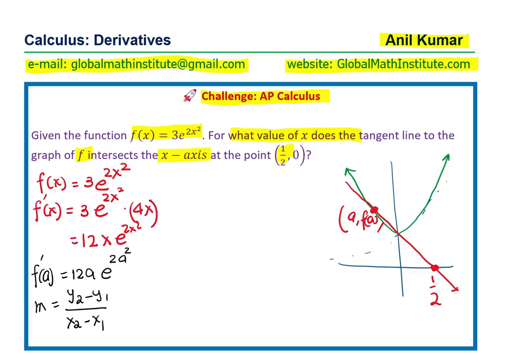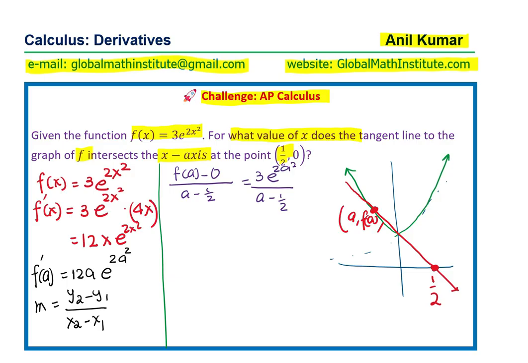Keeping that in mind, we can write the second equation, which is f(A) minus 0 over A minus half. f(A) basically is 3 e to the power of 2a squared, over A minus half.